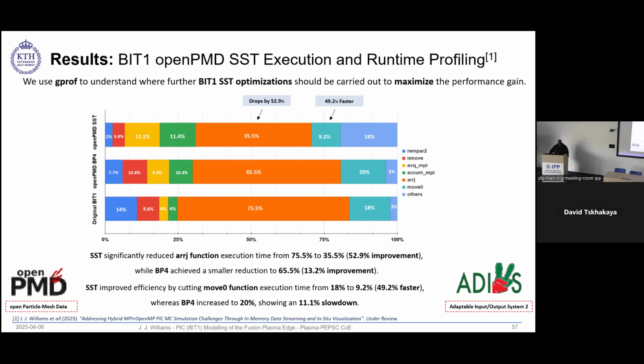And then when we look at the mover, it says, oh, that's nice, 15 or 49%. As opposed to the BP4, which started to increase, that's expected because we have the checkpoint, you're writing on the disk and so on and so forth. But we're not doing that anymore. We're streaming through memory, right? We're not writing on the disk. So we don't have to do that. So the mover is happy. They're moving pretty quick. Oh, that's very good, useful.